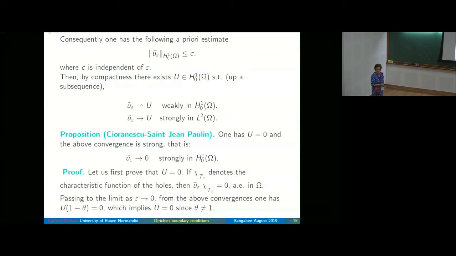Okay? Question? We pass to the limit here. This is a strong-weak limit, so we know that it converges to the product, this one goes to u, this one goes to 1 minus theta, so it's done.